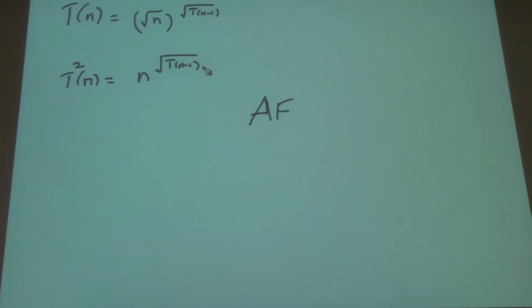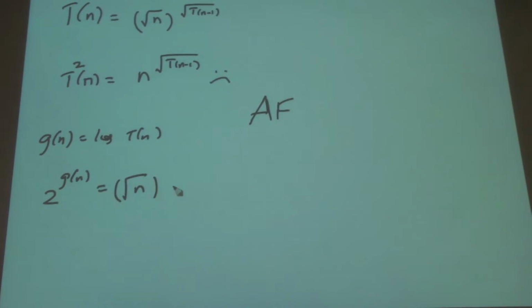Let's say we can simplify it by saying g of n is equal to log of T of n. So we can get that exponent out. Okay, so g of n is equal to log of T of n. So we get 2 to the g of n is equal to square root of n to the power of, what will it be?